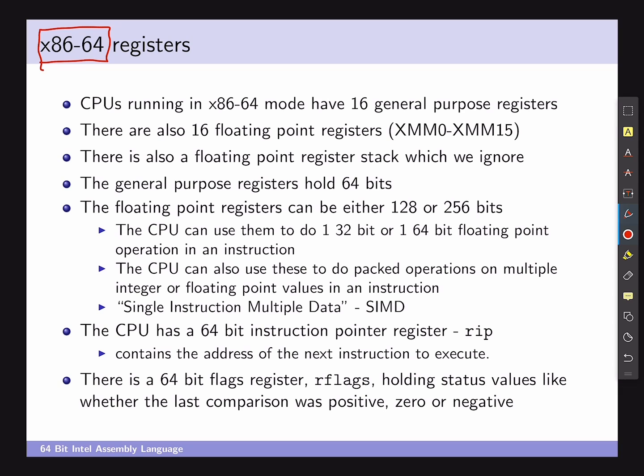On our x86 64-bit mode CPUs, we have 16 general purpose registers, which we'll be spending a large amount of our time working with in this module. We then also have 16 specialized registers. These are called floating point registers, and we indicate them here with the mnemonic XMM0 all the way up to XMM15. This will come up much later.